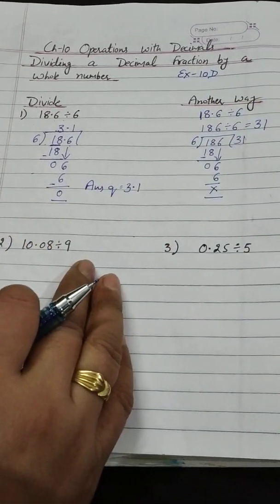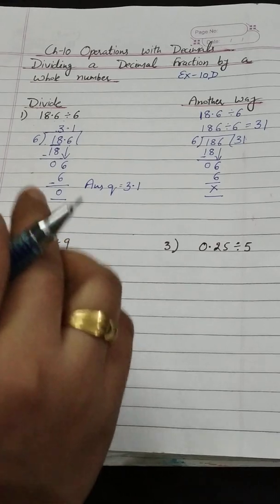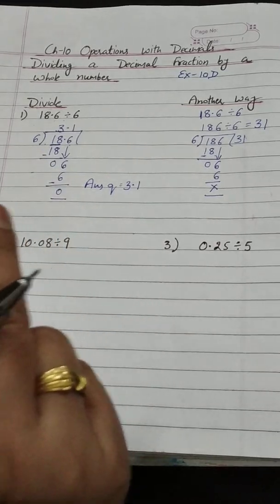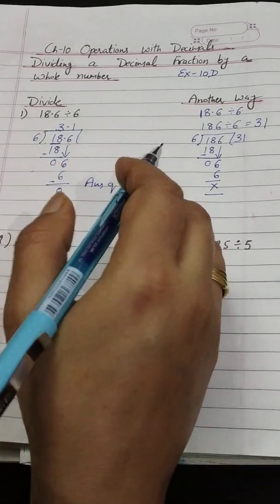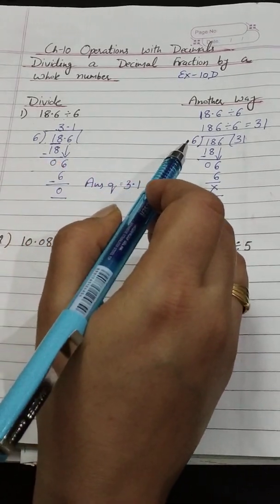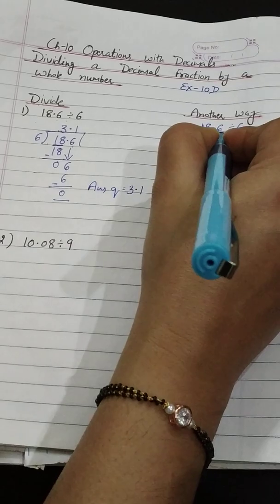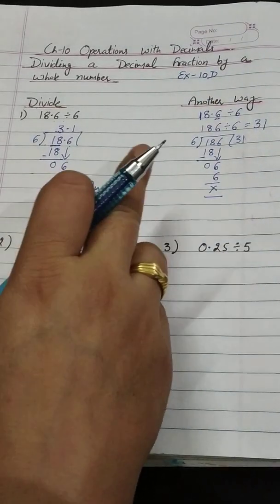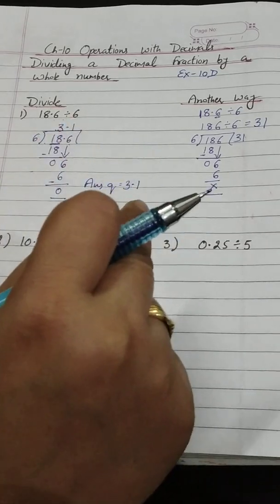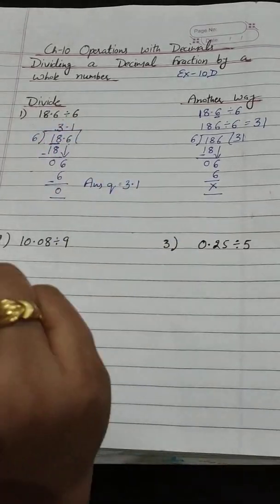Now I need to put the decimal. Here you can see after 1 there is 1 decimal place given. So start from the right. We need to put 1 decimal point.